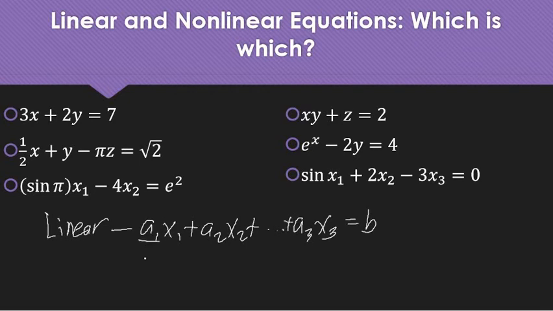So we have our numerical coefficient. Then we have our variable here. That should only be x sub 1 or x or any other variable possible. Alright, so pause the video and try to see which of the 6 is linear and which rather is nonlinear.